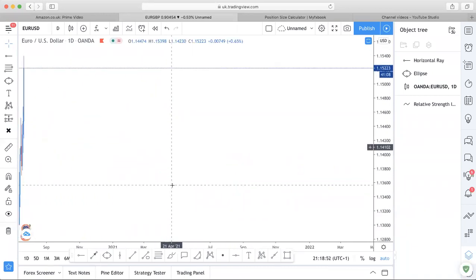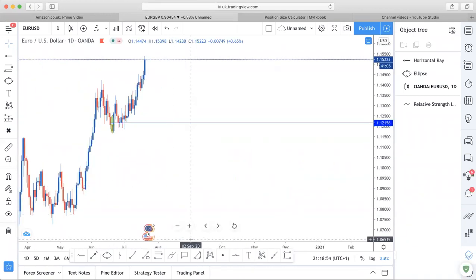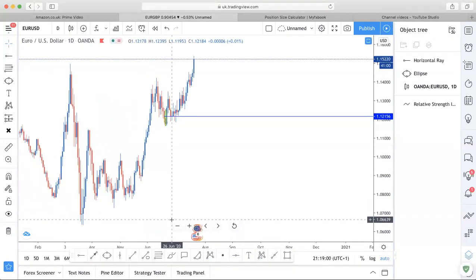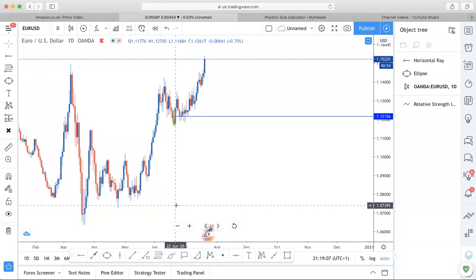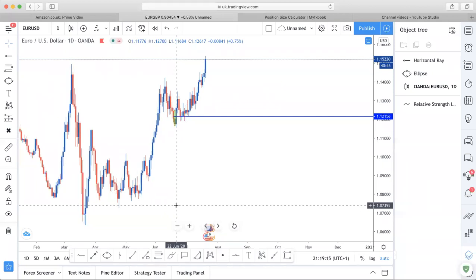So we know about institutional candles. How did you know it was an institutional candlestick? I said the last red candlestick before an up move, or the last blue candlestick before a down move.